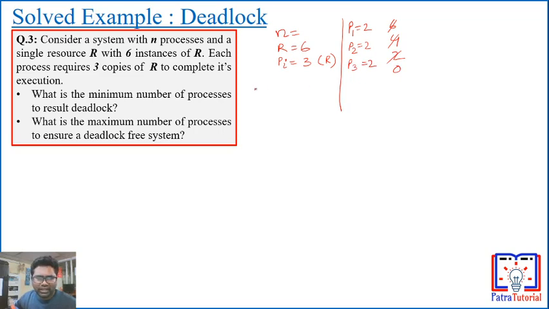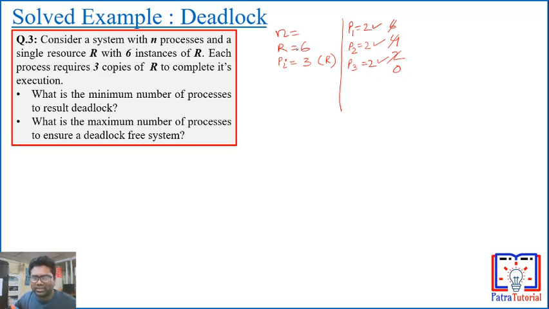I have to find the minimum number of processes to result in deadlock, so I am allocating the maximum requirement minus 1 instances to each process. p1 has 2, p2 has 2, and p3 has 2.